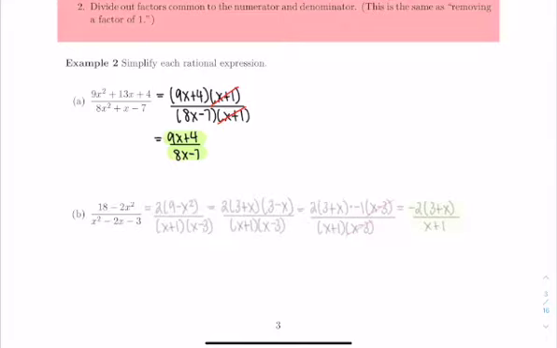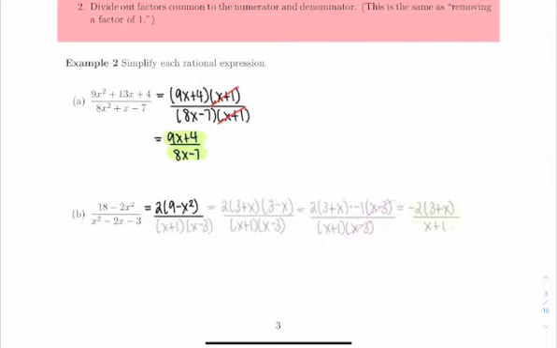Let's go ahead and try another one. We have 18 minus 2x squared all over x squared minus 2x minus 3. We want to go ahead and factor the top and the bottom. Well, the first thing is I can factor out a GCF of 2 on the top, and I'm left with 9 minus x squared.